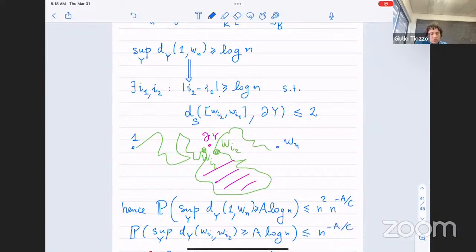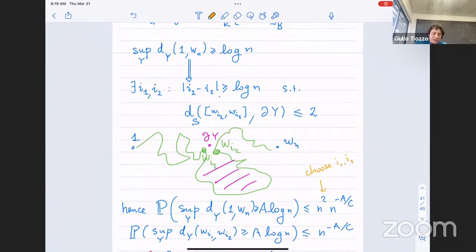And now you just say, okay, you can choose all possible choices of I1 and all possible choices of I2. These are numbers from 1 to n, so you have n choices for I1 and n choices for I2. So you have a quadratic factor. Doesn't matter.